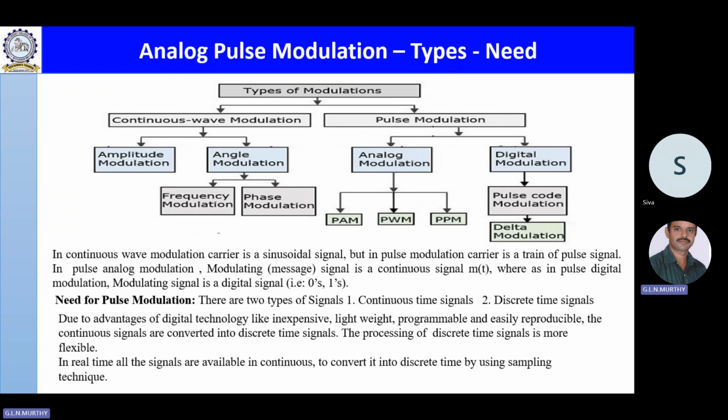Further, as the objective is to save power and save bandwidth, amplitude modulation techniques are broadly divided into four: double sideband full carrier AM, double sideband suppressed carrier AM, single sideband suppressed carrier AM, and vestigial sideband suppressed carrier AM. These are the four categories under amplitude modulation.